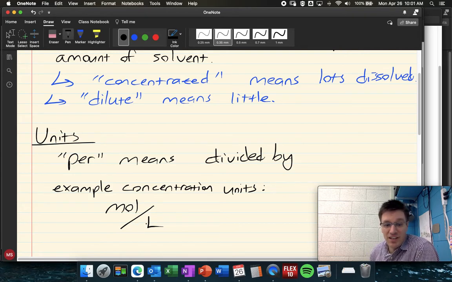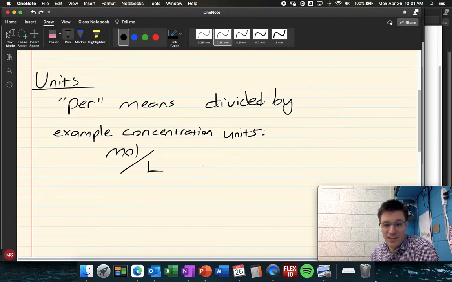So what I'm looking at here is, this concentration unit is asking how many moles of solute do we have and how many liters of solvent have we dissolved it in. Okay? So if you had a solution that has a concentration of 2 moles per liter, that means you took 2 moles of solute and dissolved it into 1 liter of solvent.